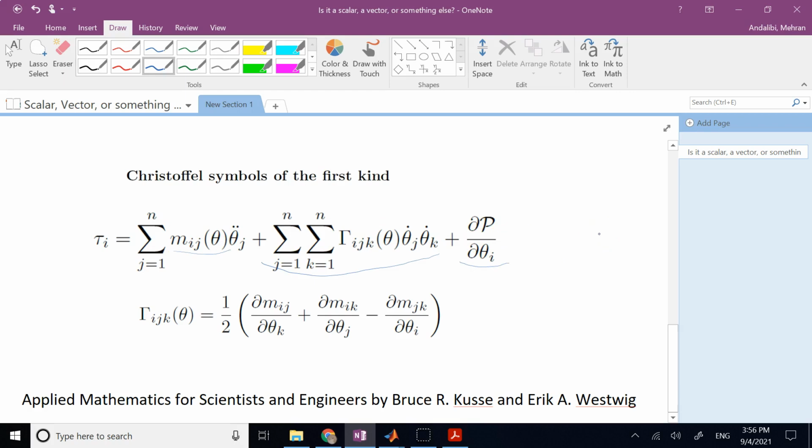Then this term here that is multiplied by these velocity terms, angular or linear velocities of the joints, if you look at it, has three subscripts. This term has i, j, and k, which, as I said, we call the Christoffel symbol of the first kind.